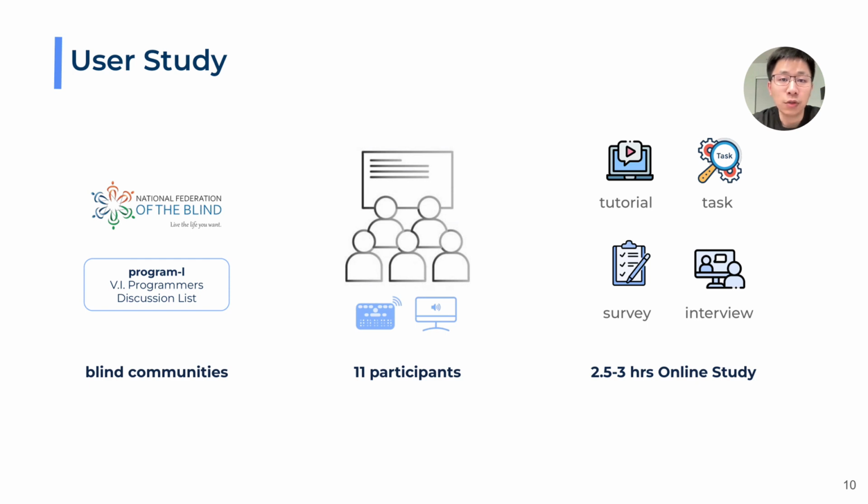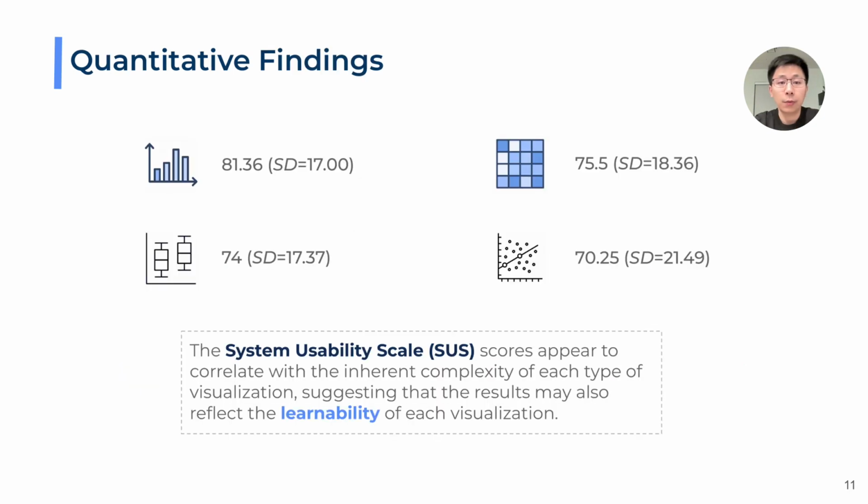For the 2 to 3 hour online user study, participants were asked to complete 4 sections, each dedicated to a distinct visualization. Each section includes a tutorial, task, survey, and a follow-up interview. We evaluated the usability of our MAIDR system with 11 blind participants using the System Usability Scale test.